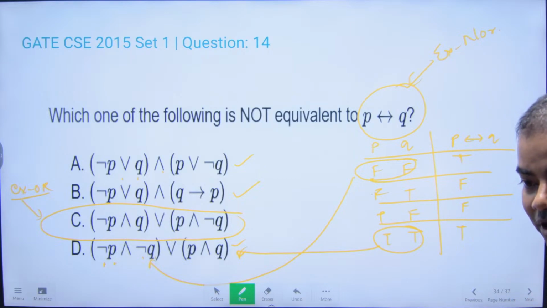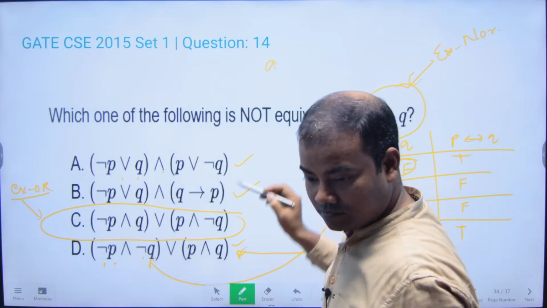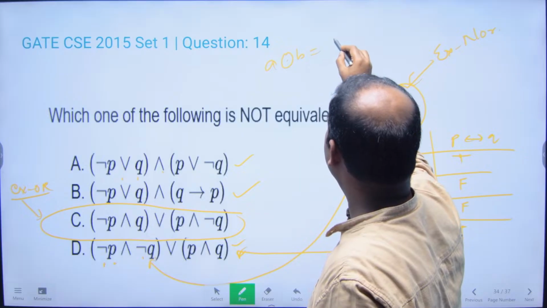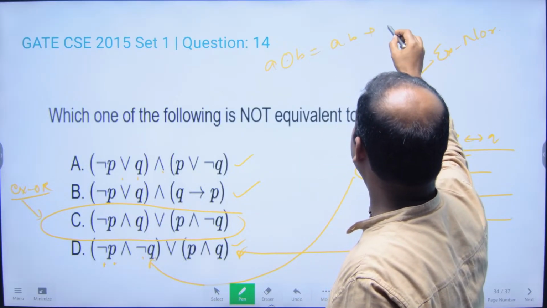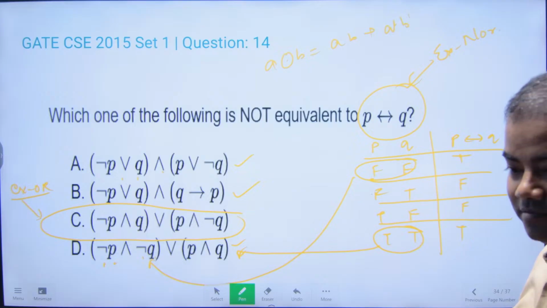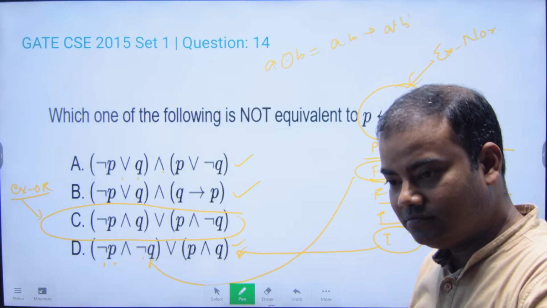You remember what is XNOR in digital logic? It's like this. So what is this? AB plus. If both are same, then it should be 1, and if different, it should be 0.